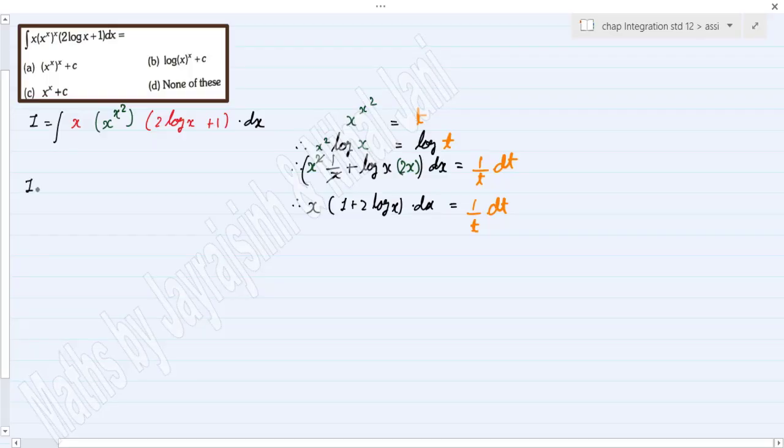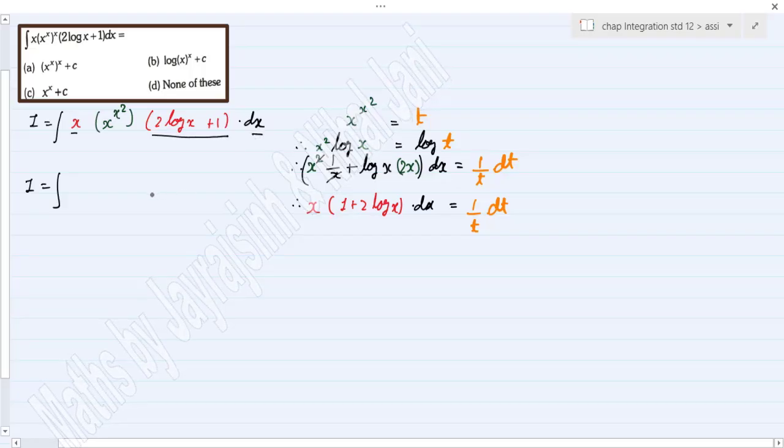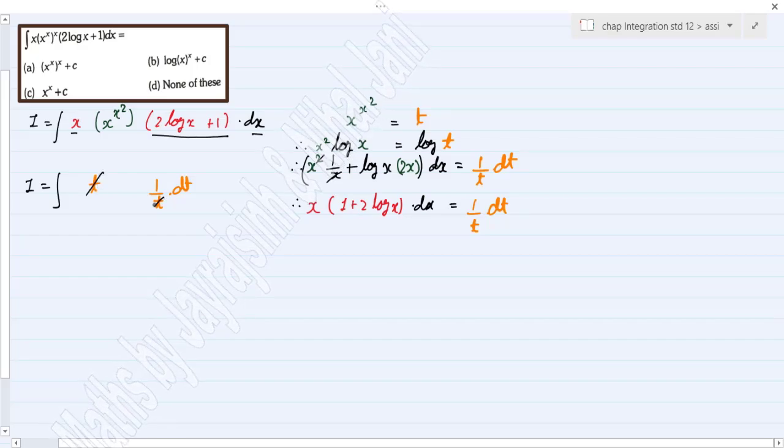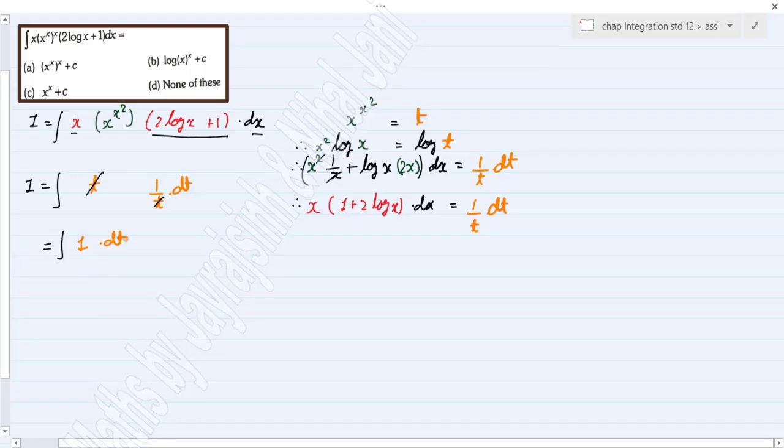So we are ready to modify our integration. This x into 2 log x plus 1 dot dx will become your 1 upon t dot dt, and x raised to x square is your t. So here dt will cancel out. We just have to integrate 1 with respect to t.